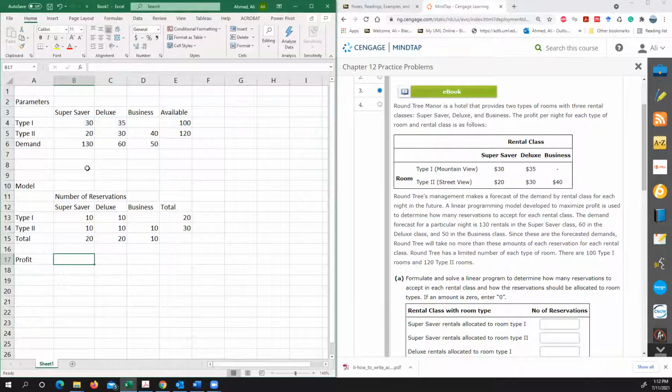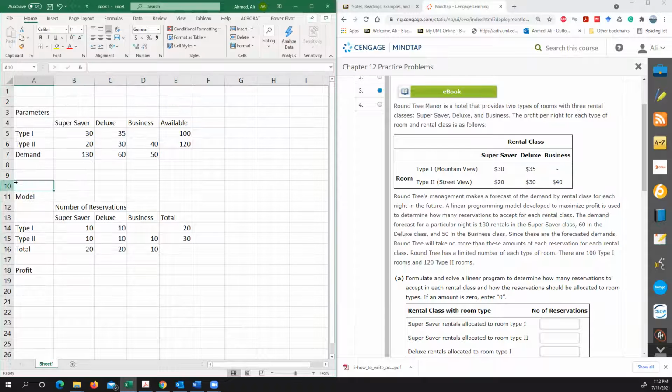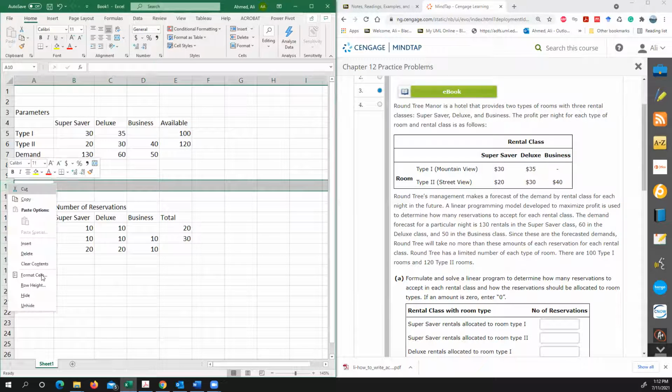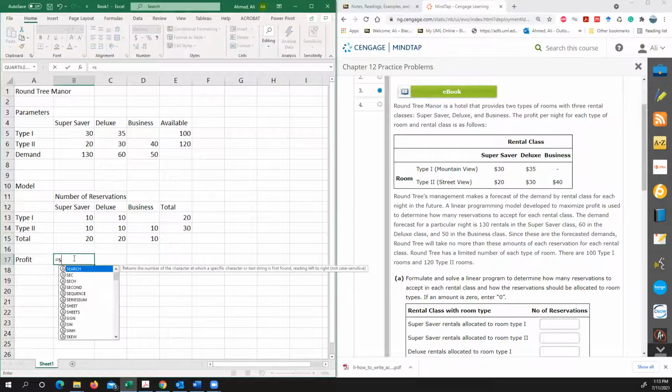All right, why don't I just do another thing here, just to be practical. Okay, I think this will be perfect. This will make things much easier.